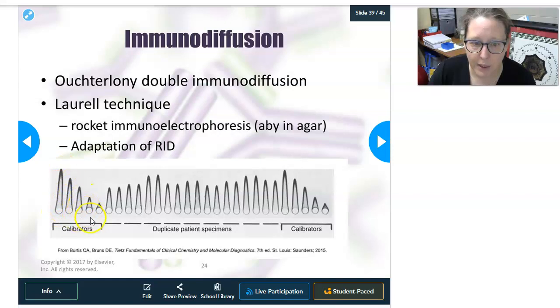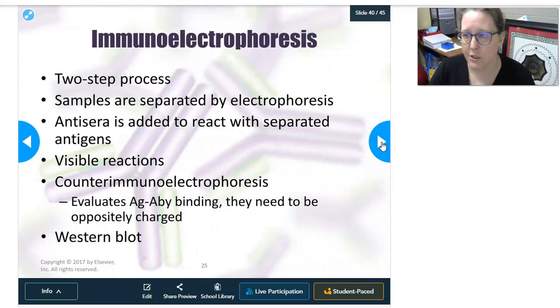So you have your calibrators, and again, they precipitate out in peaks like this. And you always set up all your patients in duplicates. So it looks like little rockets, and that's what's called rocket immunoelectrophoresis. Again, no labels, detectors, or anything like that. It's just precipitating into an agar, into a gel.